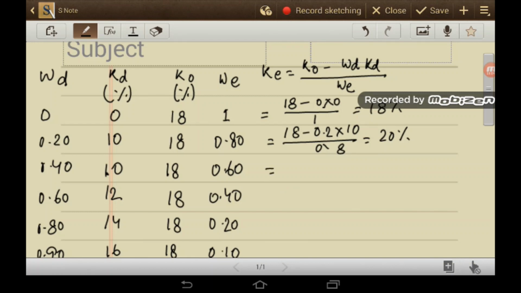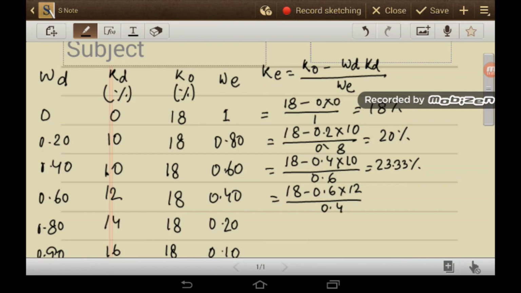Third one will be 18 minus 0.4 into 10 by 0.6, 23.33%. Then 18 minus 0.6 into 12 by 0.4, this will be 27%.